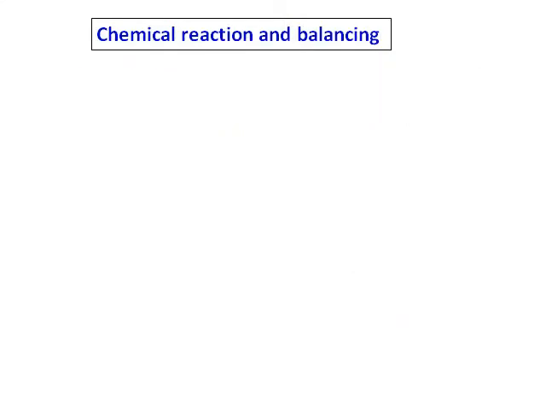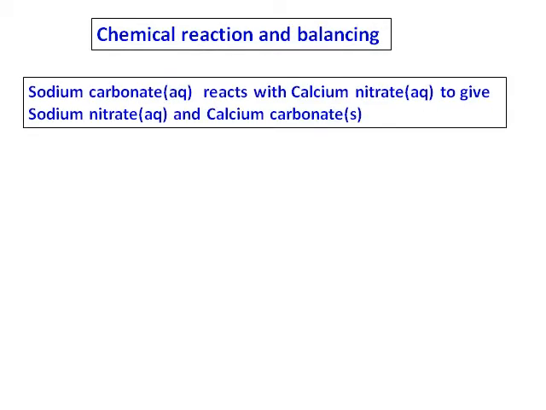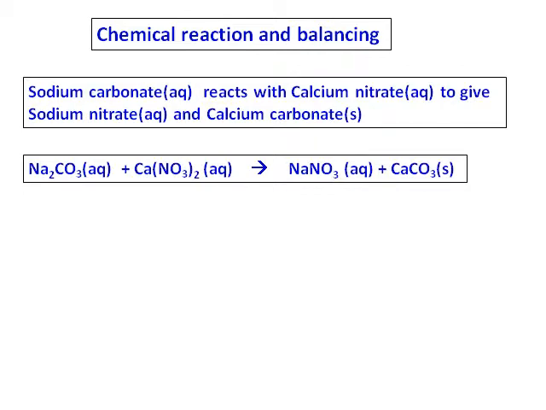So after writing a chemical reaction, now let's learn how to balance it. So consider one more reaction where sodium carbonate reacts with calcium nitrate and gives you sodium nitrate and calcium carbonate. First write down the equation for it, Na2CO3 plus calcium nitrate giving you sodium nitrate and calcium carbonate.